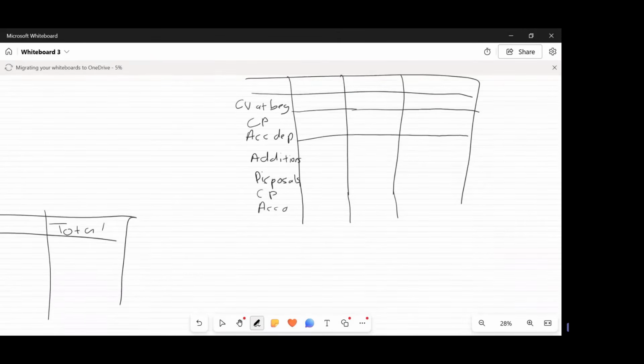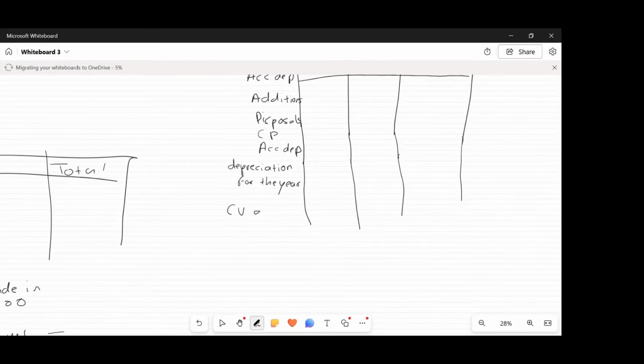And then you have your cost and accumulated depreciation. And then after that, you have your depreciation for the year. And then the next thing you have is your carrying value at end, and then your cost price, and then accumulated depreciation. So this is basically a PPE, which is very easy.